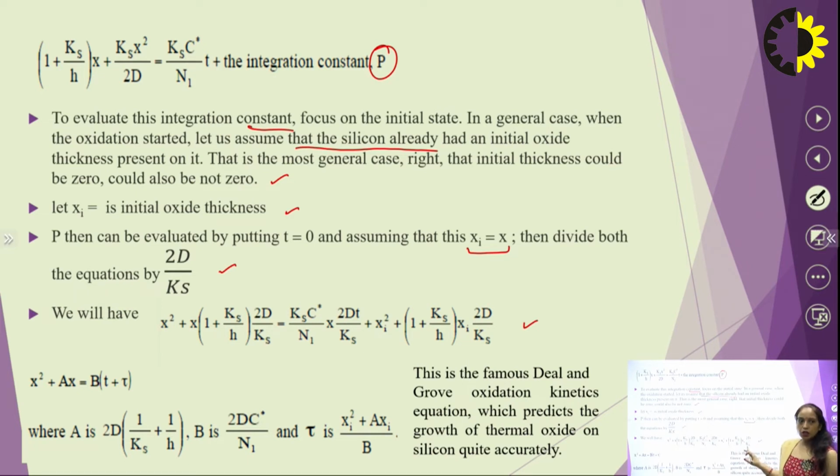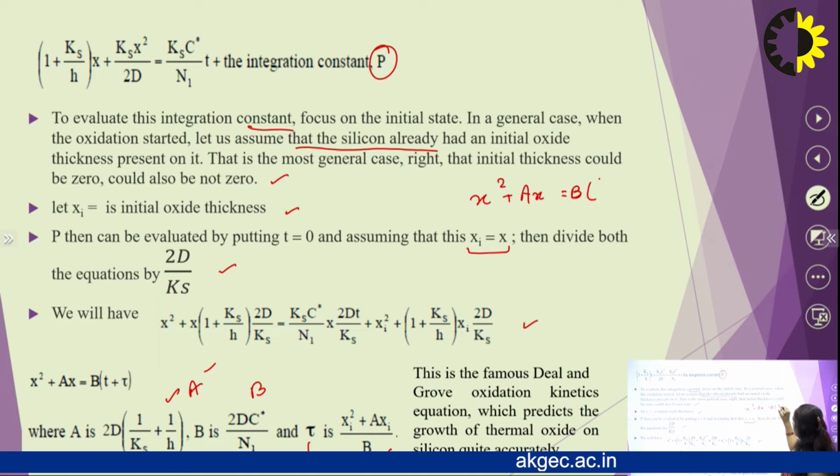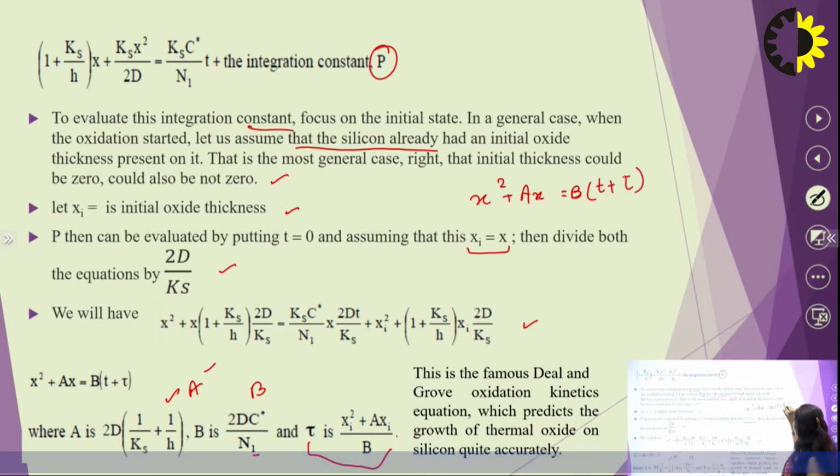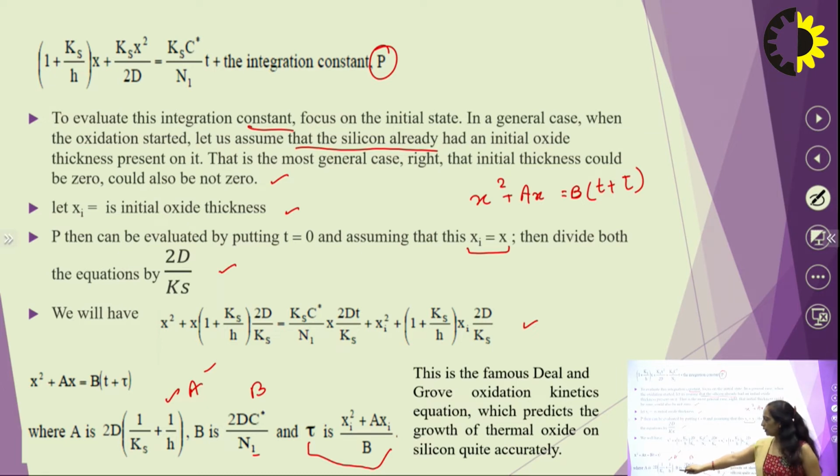We can simplify it by putting in some constants, where A is equal to 2D times (1 divided by Ks plus 1 upon h), this is your A factor, and B is written as 2 times the diffusion coefficient times the equilibrium concentration divided by N1, this is your B factor, and tau is xi square plus A xi divided by B. So this equation is x square plus Ax is equal to B times (t plus tau), where the values of A and B depend on these factors.